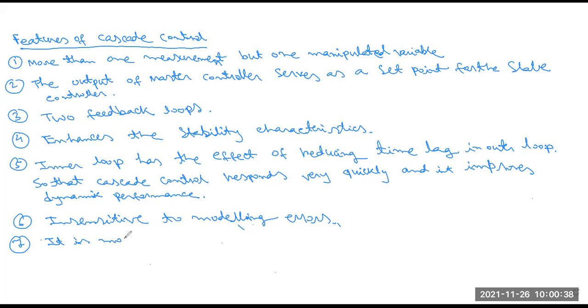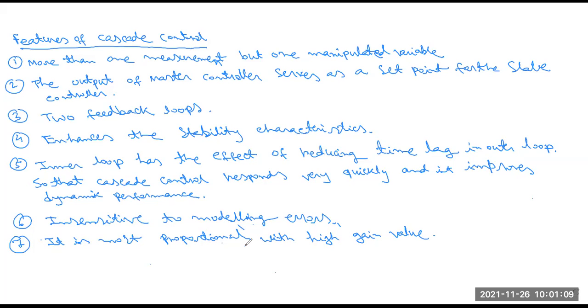It is mostly proportional with a high gain value. So this secondary controller part in this cascade control system is basically proportional with the high gain value.